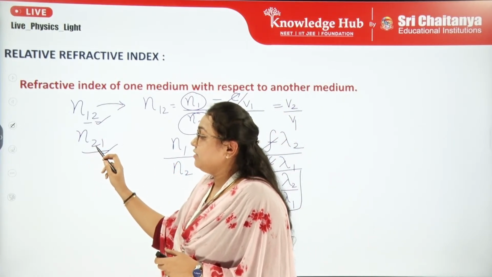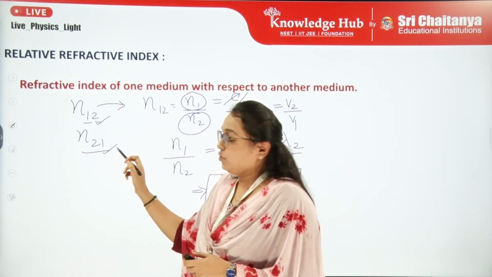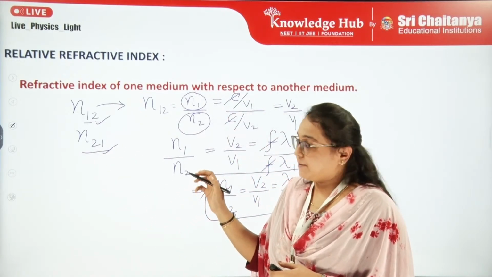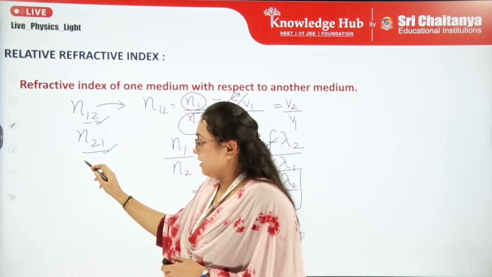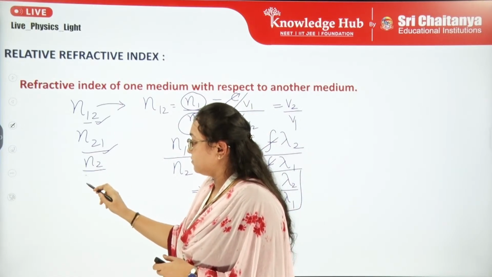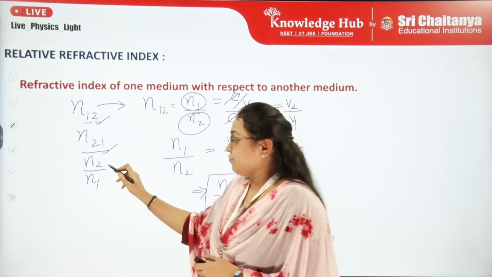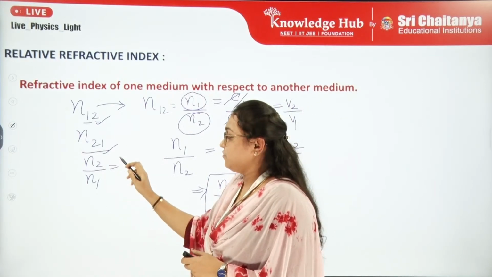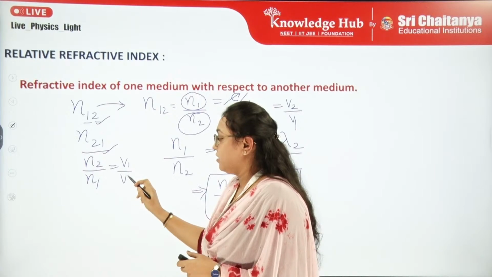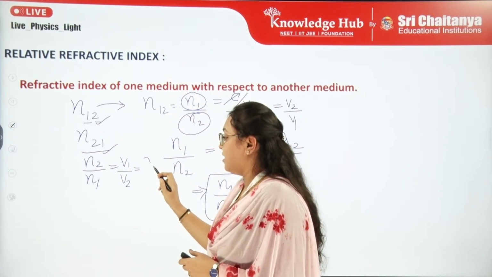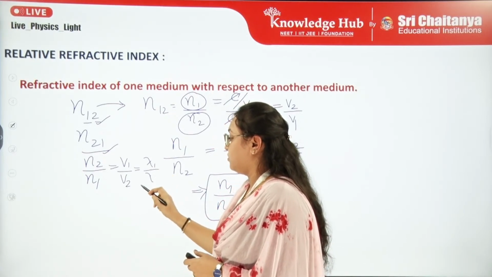This is the refractive index of medium 2 with respect to medium 1. So I can write this as N2 by N1. So finally, we will get this N2 by N1 as V1 by V2, which is equal to lambda 1 by lambda 2.